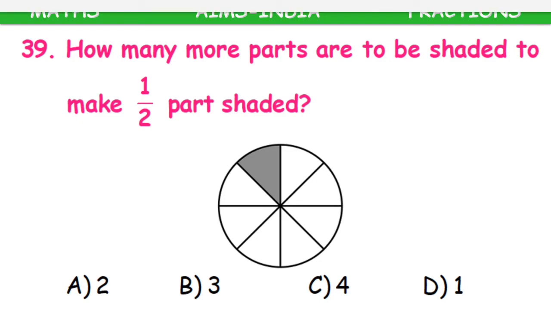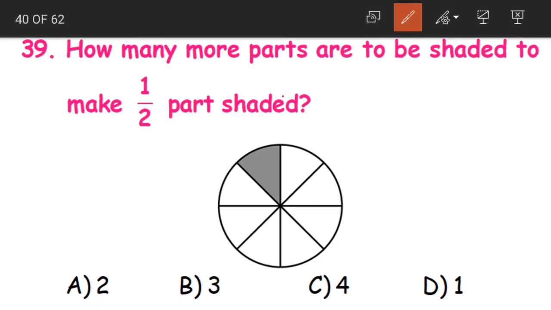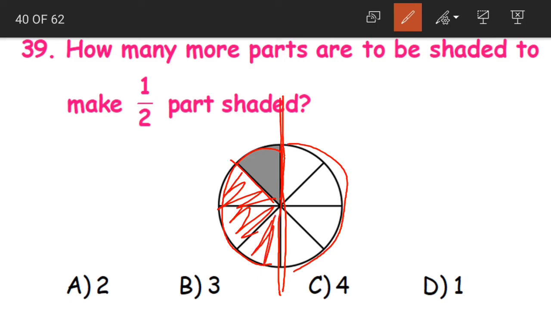Next, question 39. How many more parts are to be shaded to make 1 by 2 part shaded? Now see, children, half means what? Yes, this part of the circle is half and this is the other 1 by 2. In this, one part is already shaded. How many more should we shade? 1, 2, 3.